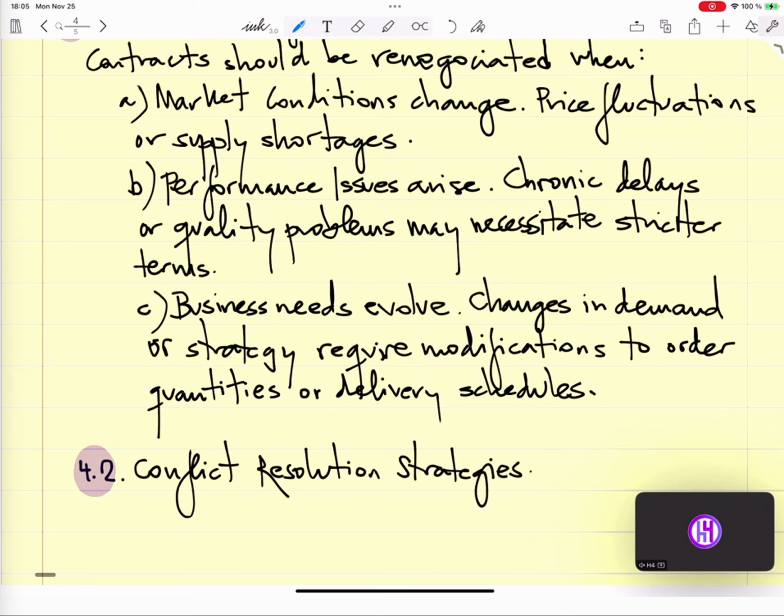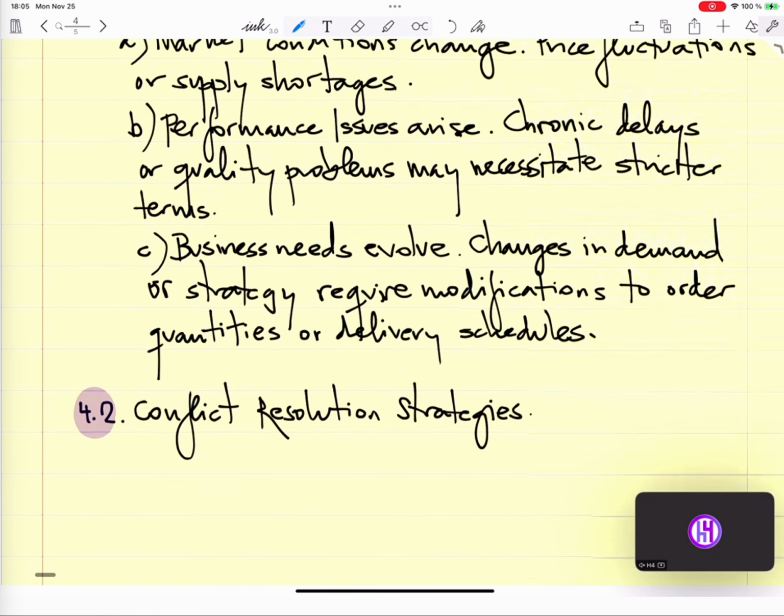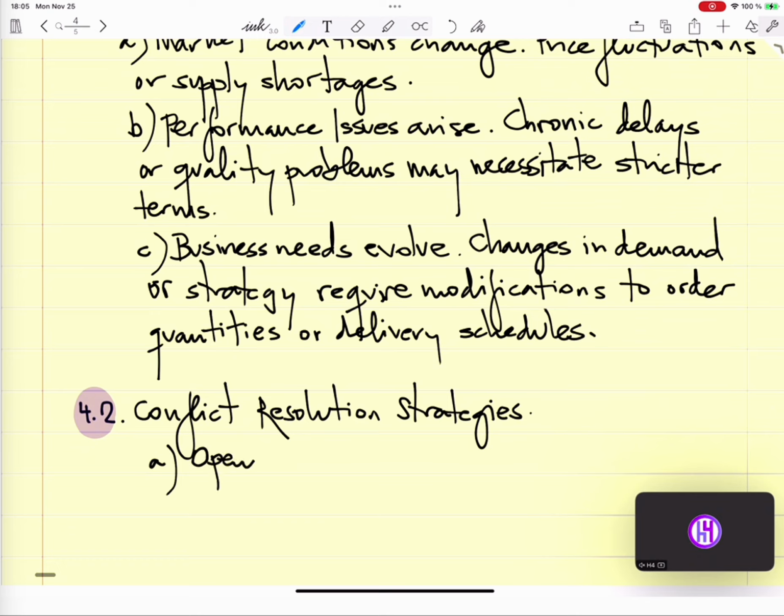So there are many ways to deal with it. Common sense is not very common usage, but you can say open communication, usually good, addressing issues promptly and transparently.